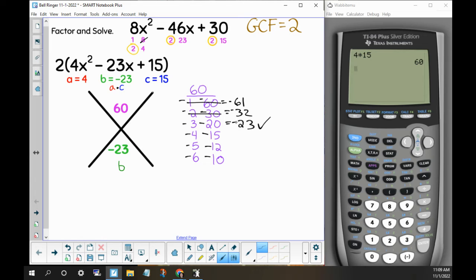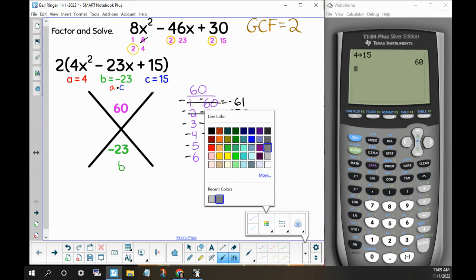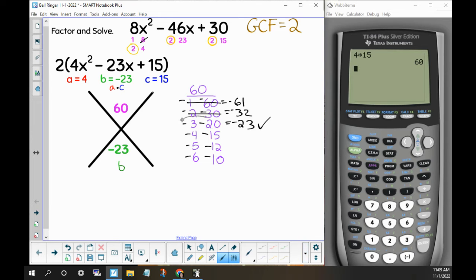But you'll see that pair right there adds up to negative 23. All right, so our answer will be negative 3 and negative 20.